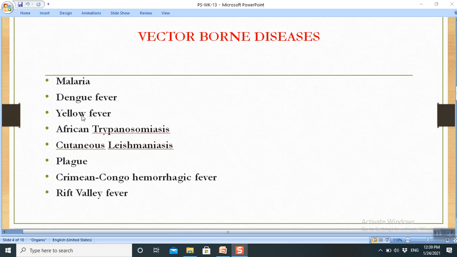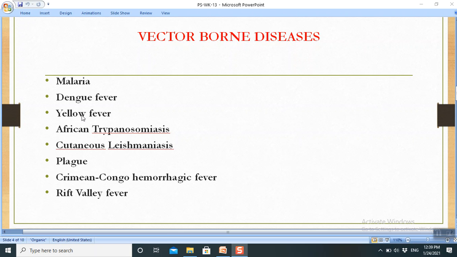Then the Crimean Congo is a tick-borne viral disease, and it happens because of animal blood or tissues. Normal areas are Africa, Asia, the Middle East, and Eastern Europe.